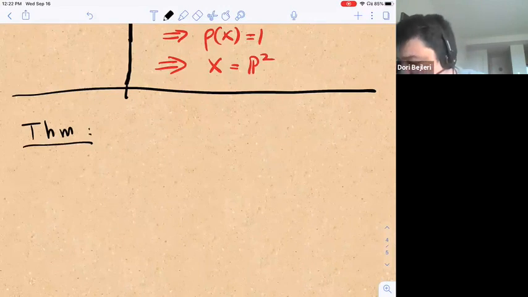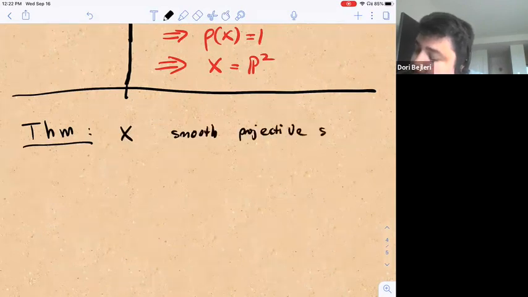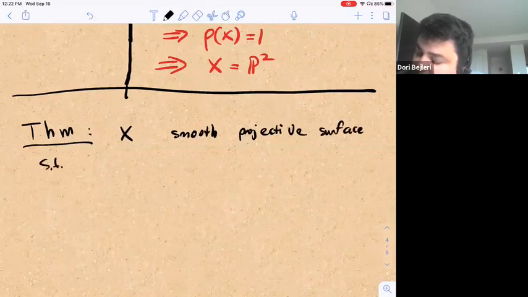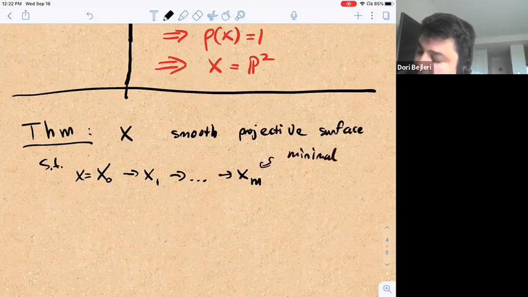So in our theorem, I'll summarize: suppose X is a smooth projective surface such that when we contract all -1 curves, we end up with the minimal surface X_M where K_{X_M} is not nef.